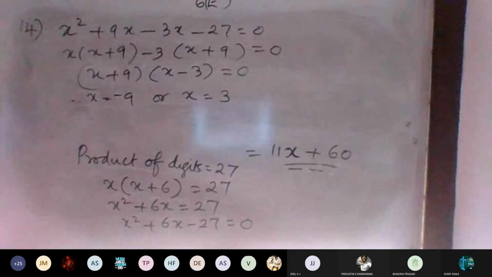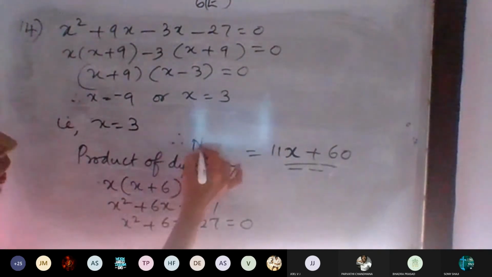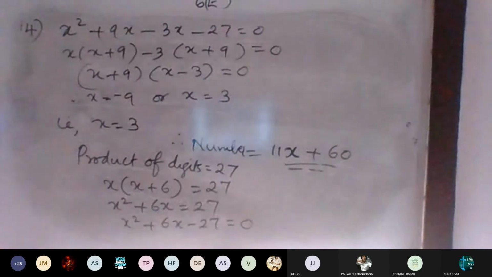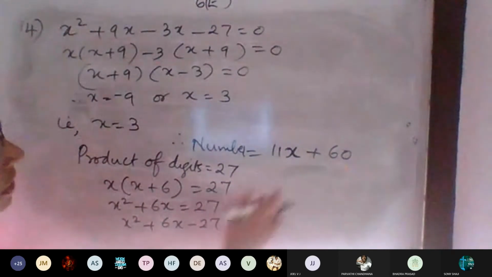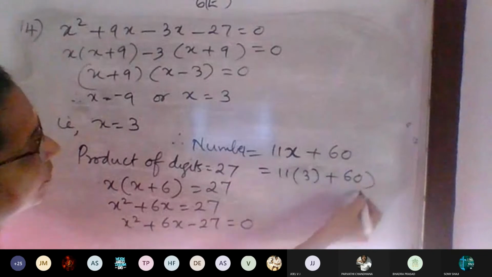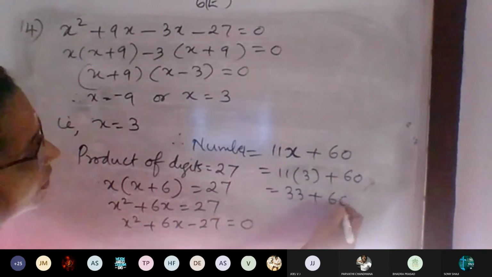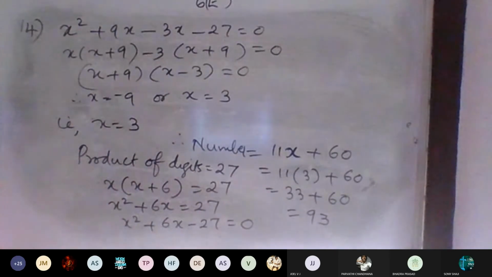Therefore, the number is 11x plus 60, so substitute the x value here. The number is equal to 11 into 3 plus 60, that is 33 plus 60, which is equal to 93.